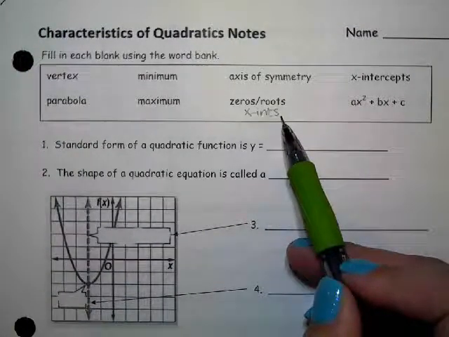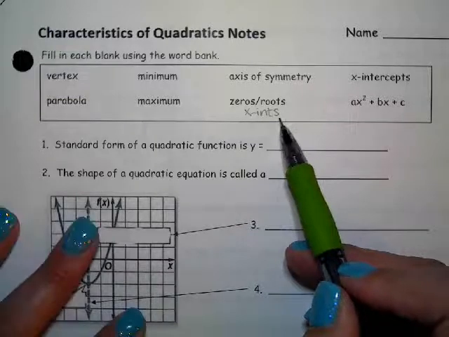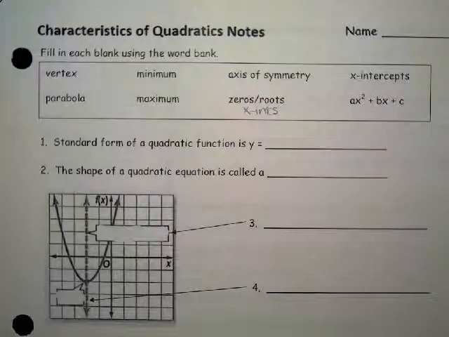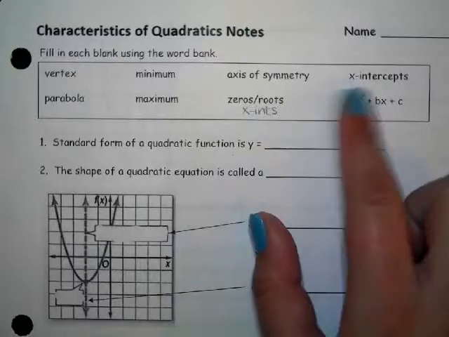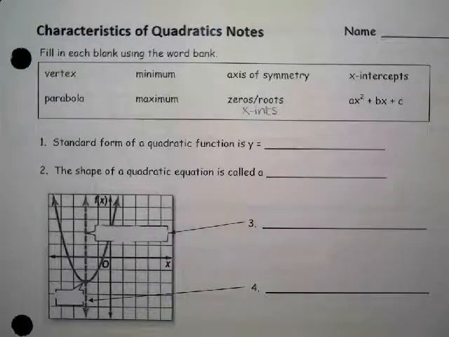Oh, I might have ruined something later on the worksheet, but zeros and roots are synonyms of X-intercepts, which is actually another thing there. Maximum, minimum, vertex. Later we'll talk about increasing intervals, decreasing intervals, all sorts of different things that you typically find to describe a graph. So in Math 2, we do this for quadratics.